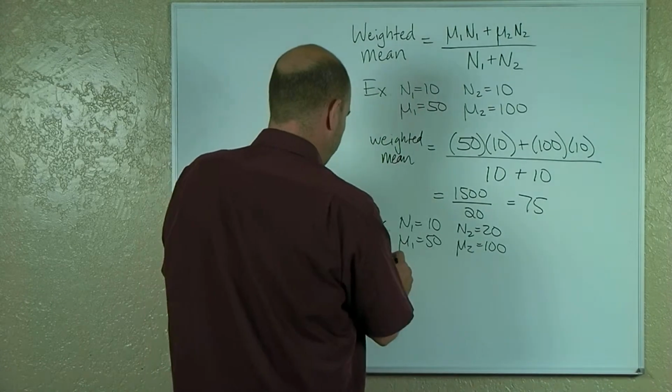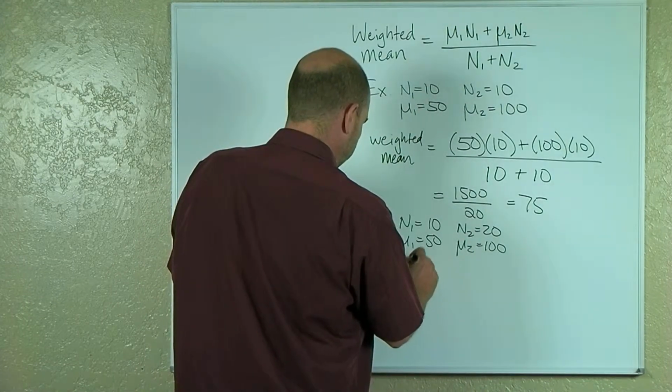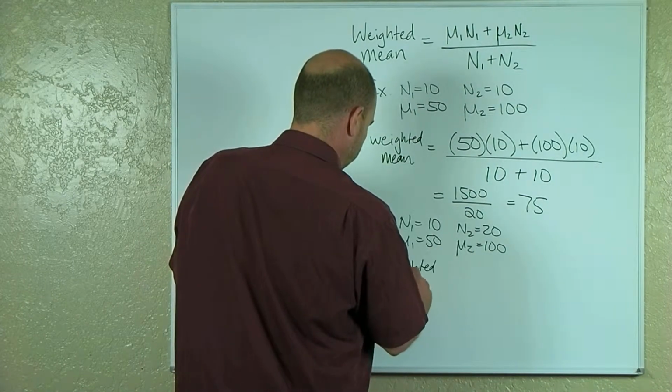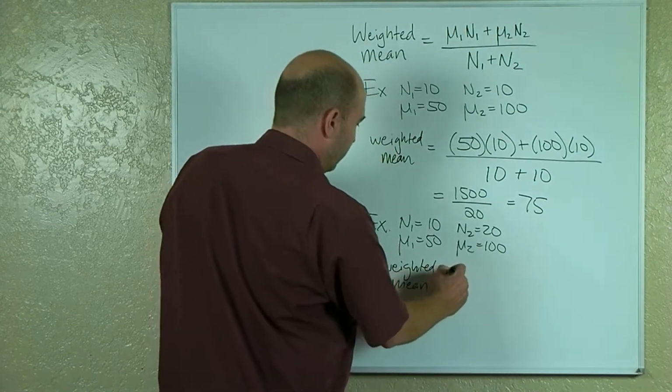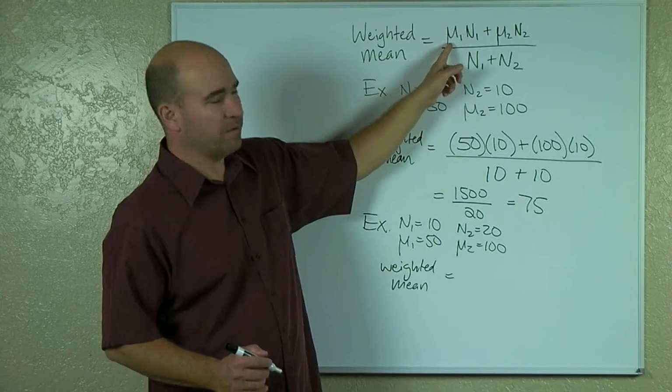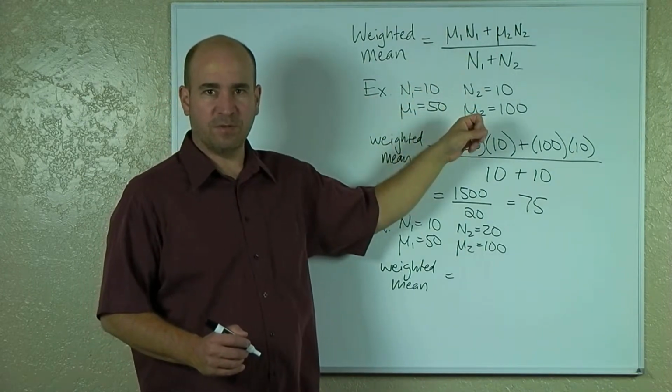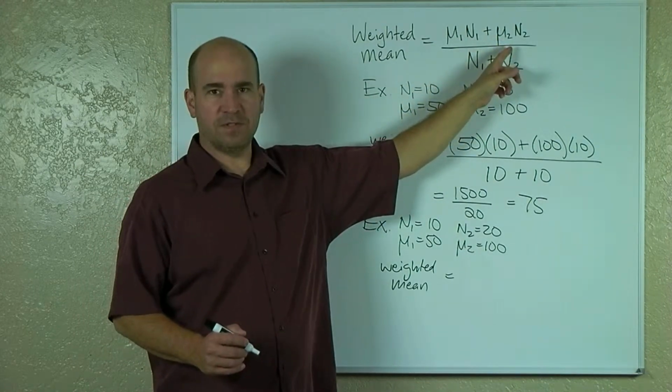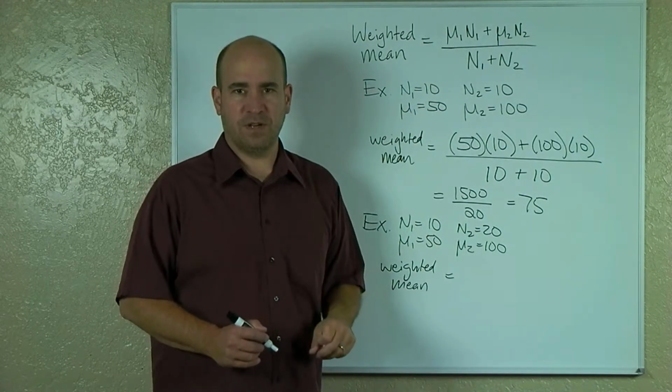All right, so for our weighted mean, we'll have here, I'm going to take, remember, the mean for the first group times the sample size for the first group plus the mean for the second group times the sample size for the second group.